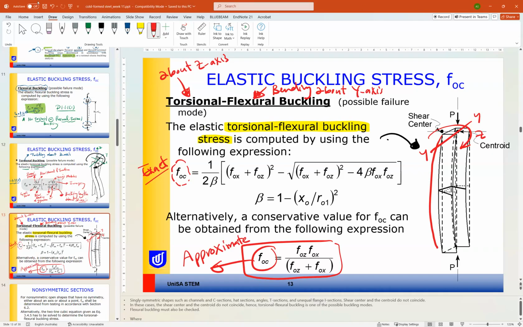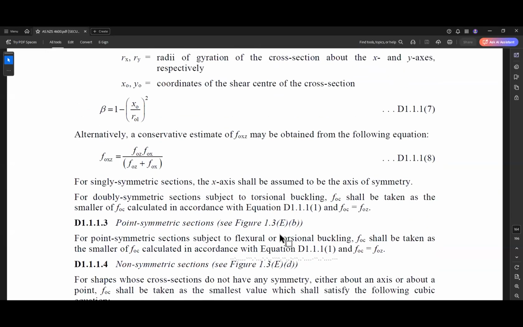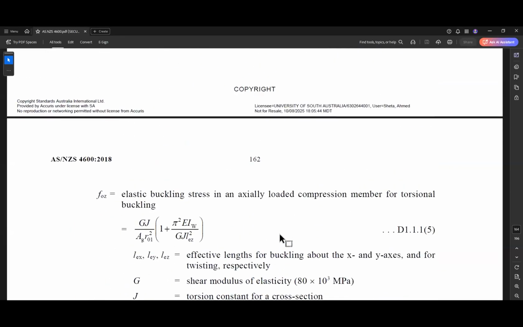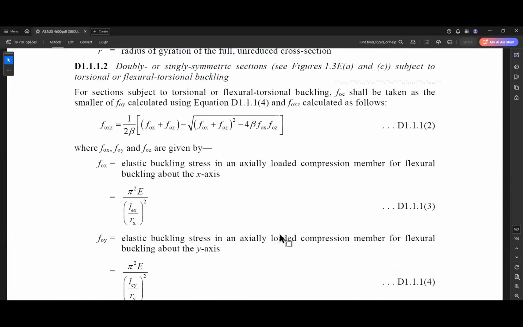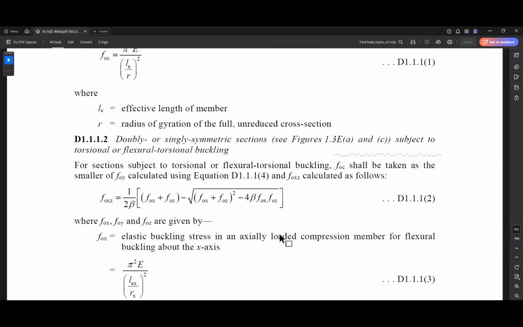Okay, so this is the most complicated one because it has a combination of the first two. If we go to the standard here, here is the formula for doubly or singly symmetric sections subject to torsional or flexural buckling.